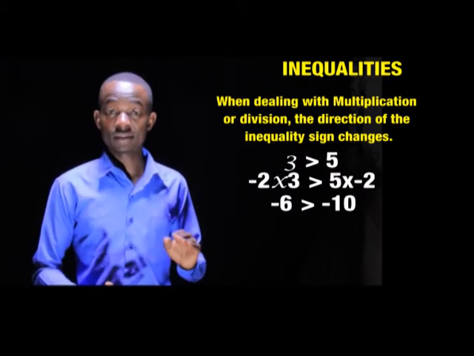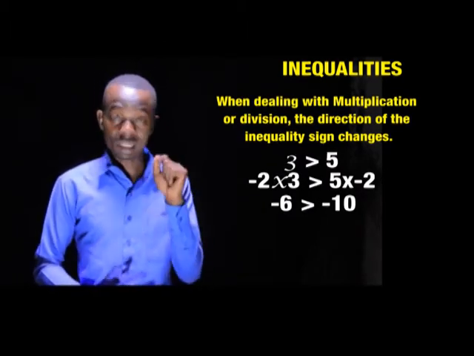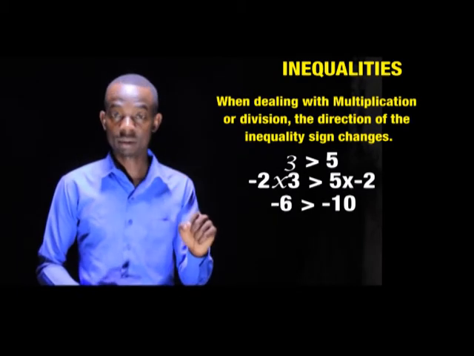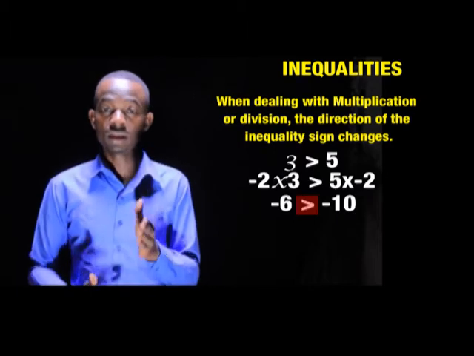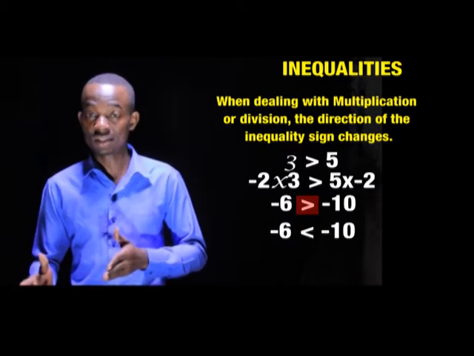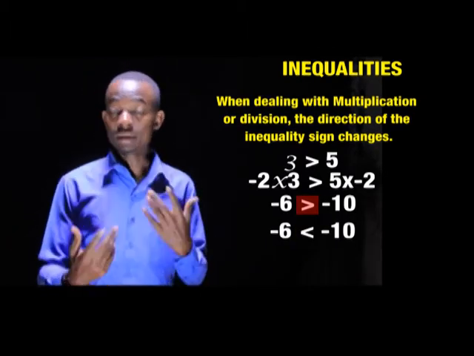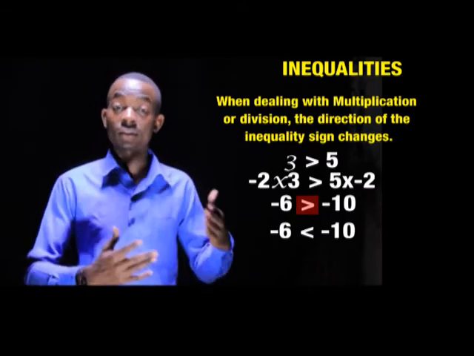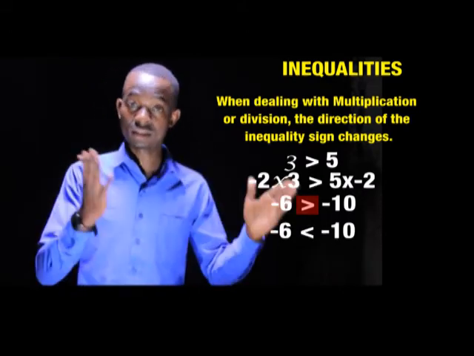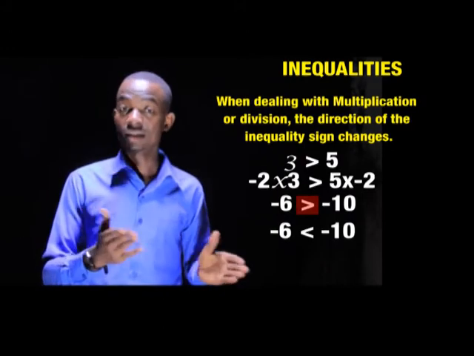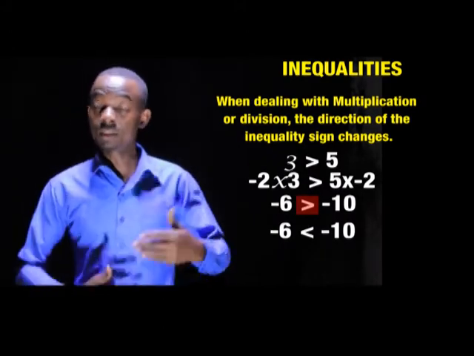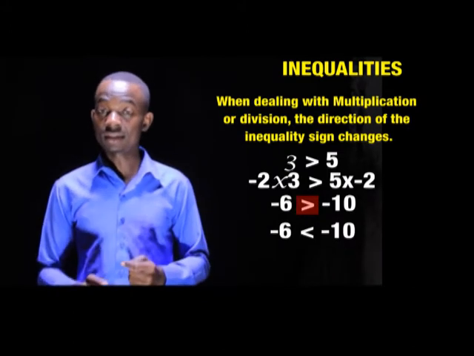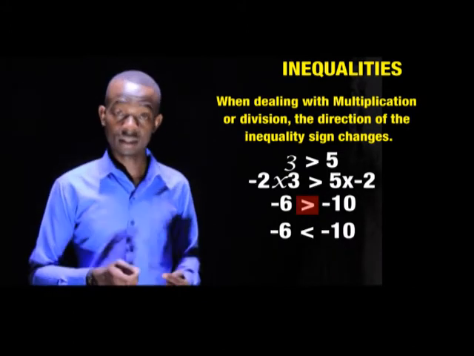Now that I have multiplied with a negative number, the direction in which the inequality sign was facing changes. If I had a greater than sign, it changes to a less than sign. If I had a less than sign, it changes to a greater than sign.